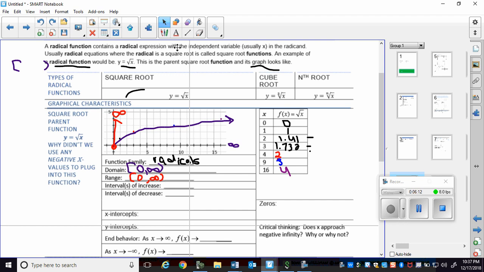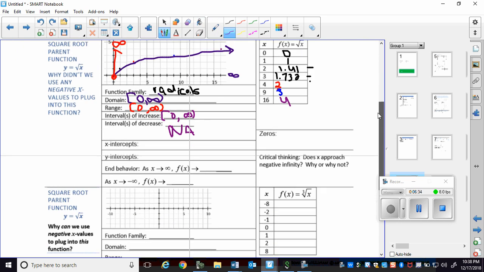Let's copy that domain here. So it increases from 0. So the y value always gets bigger to positive infinity. The interval of decrease is non-existent, so not available.